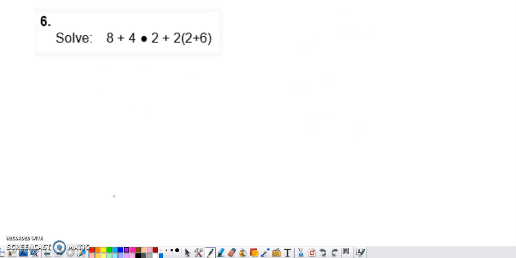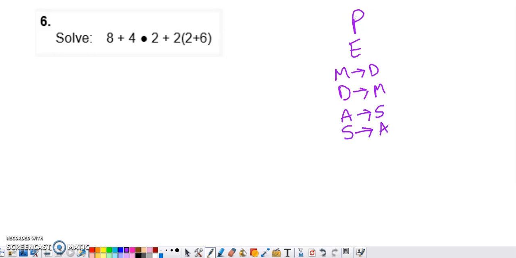All right, number 6. Okay, order of operations, solve. We've got 8 plus 4 times 2 plus 2 parentheses 2 plus 6 close parentheses. All right. So remember, we've got parentheses, exponents, multiply or divide, depending on what you see first, add and subtract, or subtract and then add, because these guys are one step.